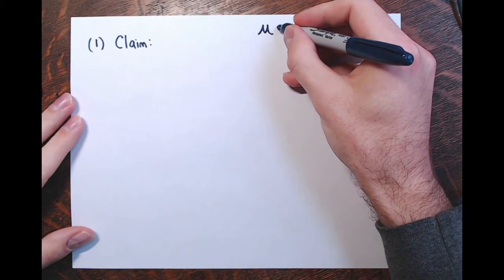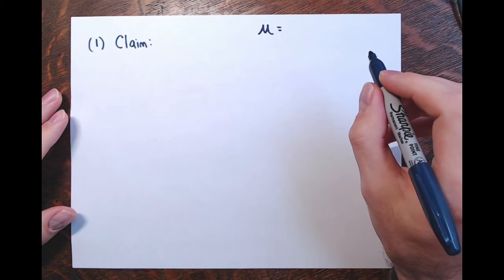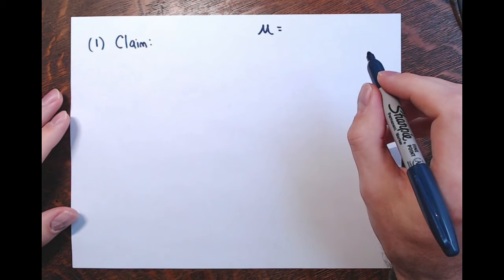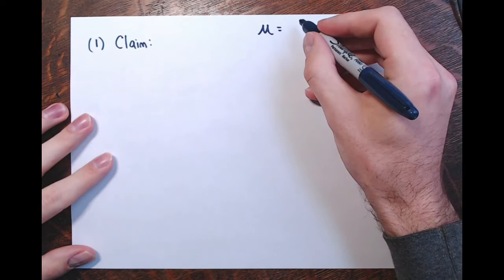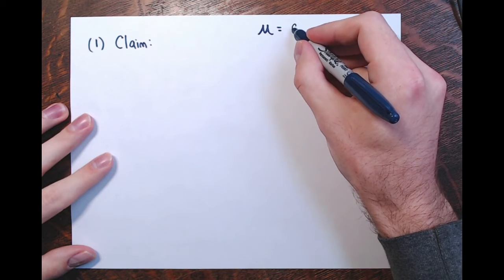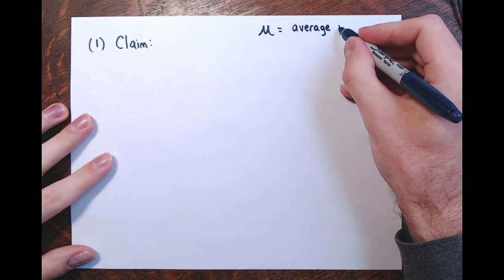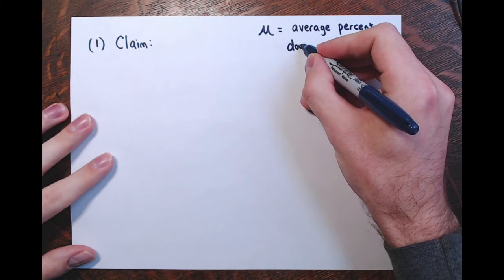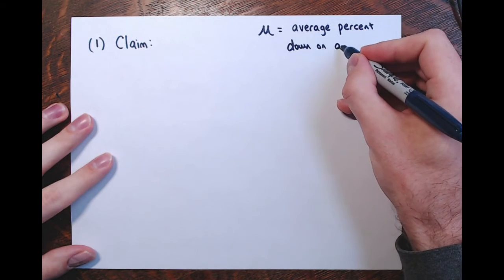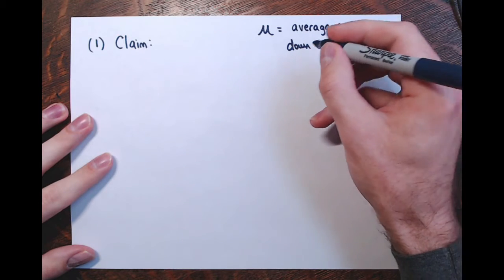First, I'm going to state what mu is here. What does this population mean? Mu is the average percent down on all single-family home purchases. This is the average percent put down in the population on all single-family home purchases.